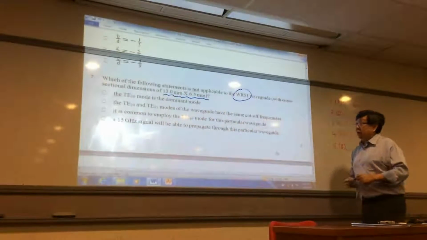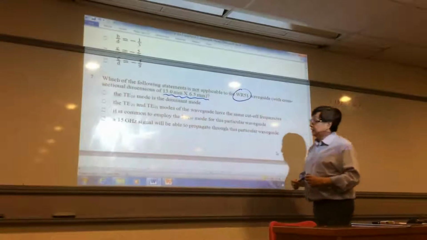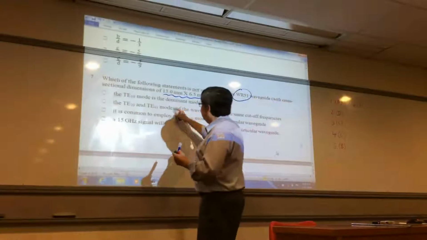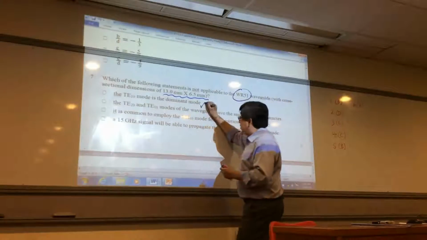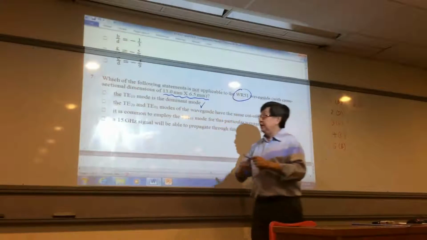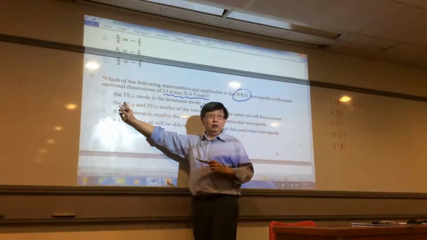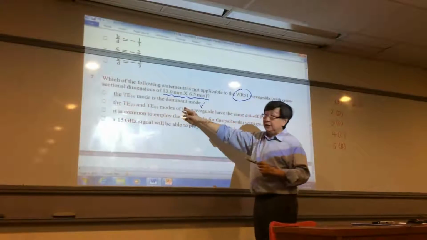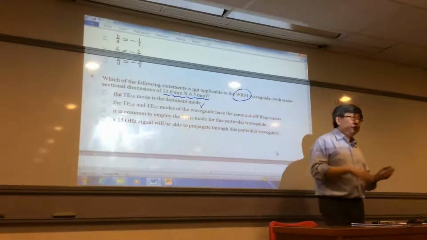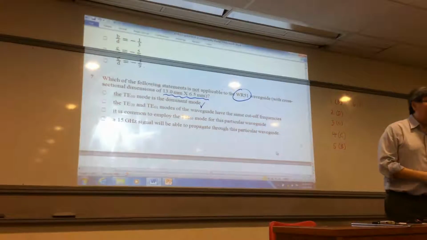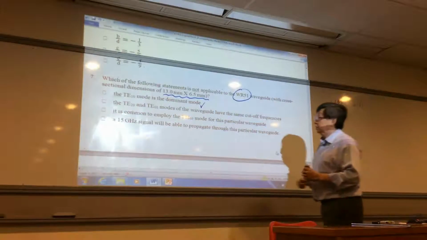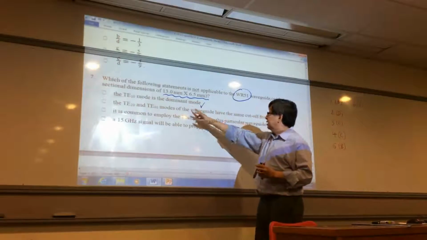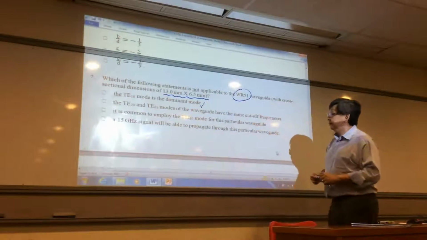The TE10 mode is the dominant mode. This one is obvious. All waveguides have the TE10 mode as the dominant mode. The word dominant is a technical term. It means the first mode that is in operation, the main mode. So this one is true for all waveguides, not just the WR51.